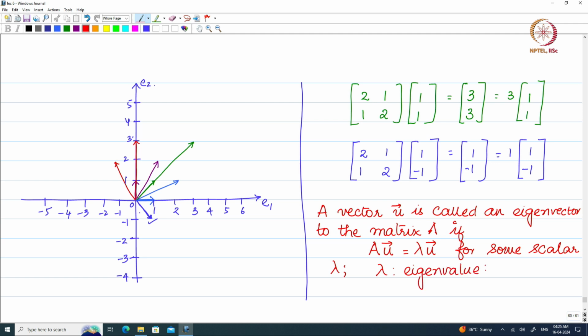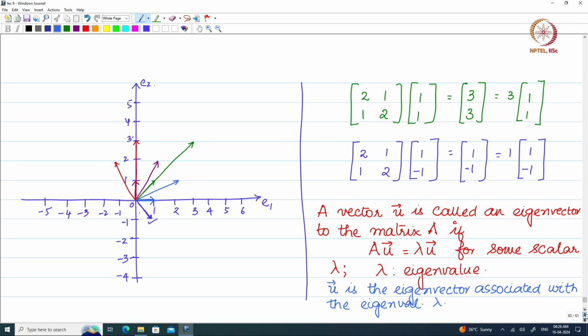In fact, we say that u is the eigenvector associated with the eigenvalue lambda.